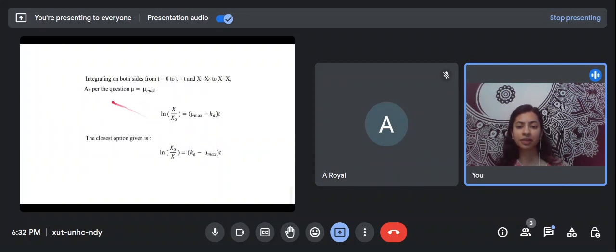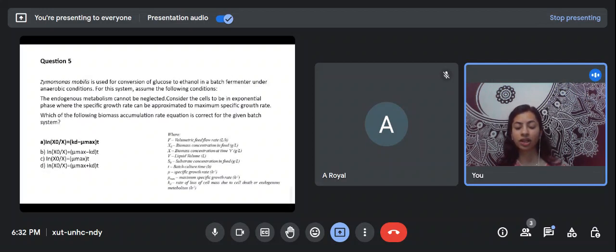So as per the question, we know that the specific growth rate is equal to the maximum specific growth rate, right? So what you get is ln x by x naught equals mu max minus kd into t. And the closest option that is given to you in the question will be ln x naught by x equals kd minus mu max into t. So the answer is A.